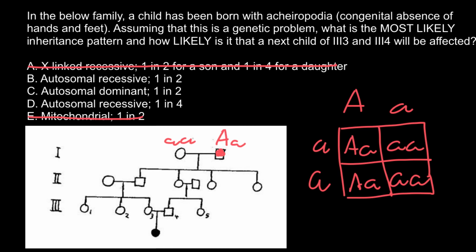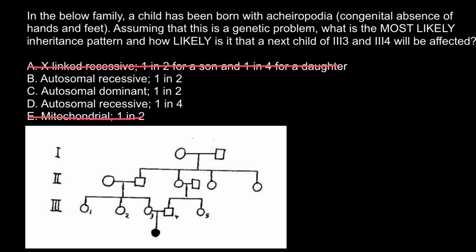So we can say that this is not autosomal dominant, because a dominant genetic disorder cannot skip generations. At least one person, whether here or here, has to have this genetic disorder. So let's now assume that this is autosomal recessive.